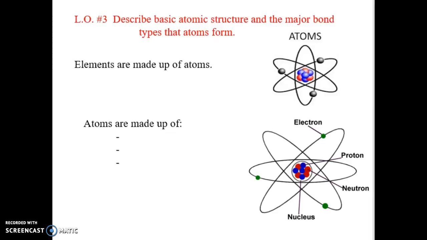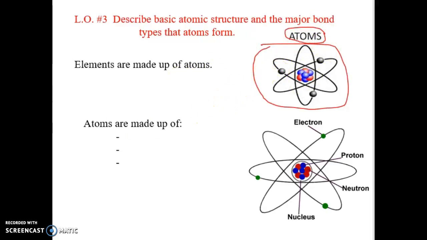So what we're going to look at here when we talk about elements are made up of these little things we call atoms. So here's our atom over here, this little guy. This is that little atomic structure over here making up the atom. Now, elements are made up of these things.